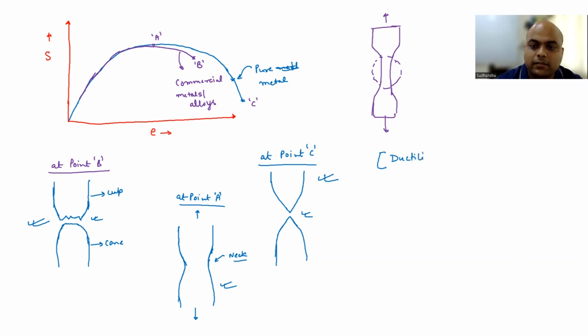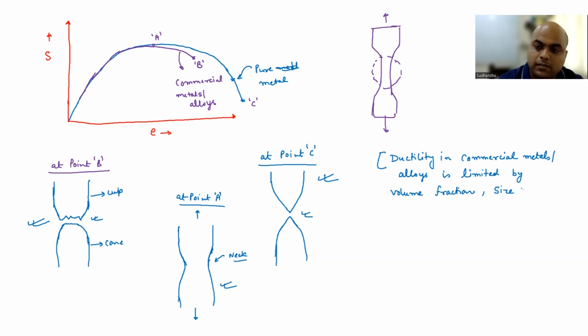So ductility in commercial metals and alloys is limited by the volume fraction, size, and distribution of second phase particles or inclusions.